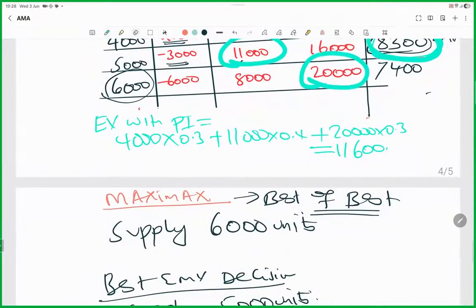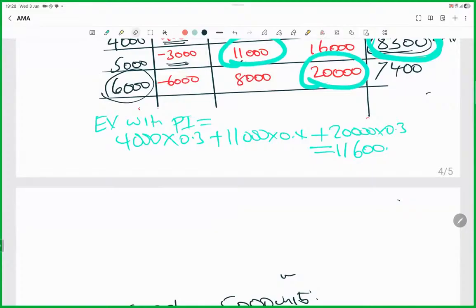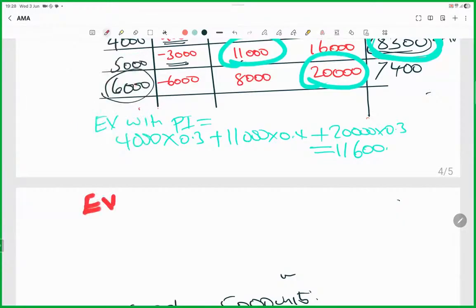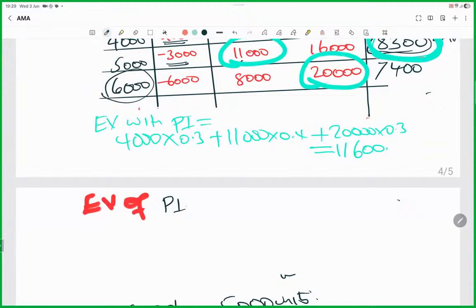So therefore, my EV of PI will be equal to EV with PI minus what here, somebody?